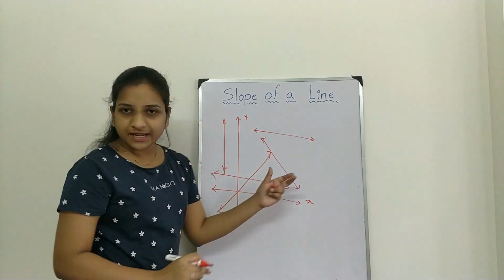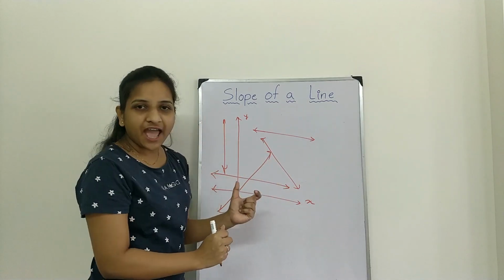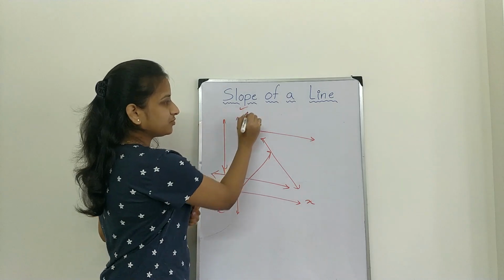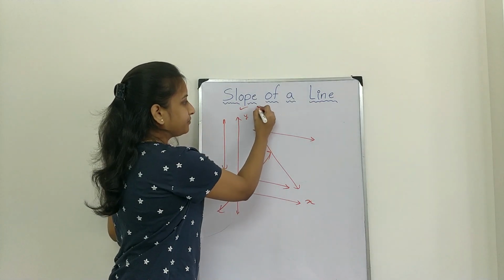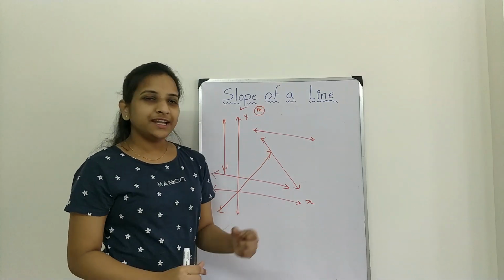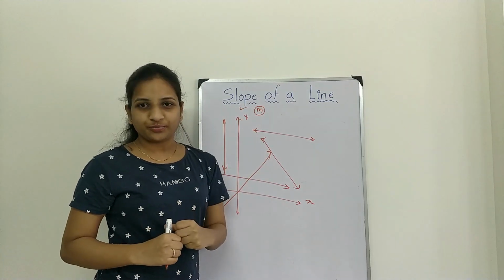So there are many lines and each line has a slope and we denote slope by m. Now let's see what this slope is.